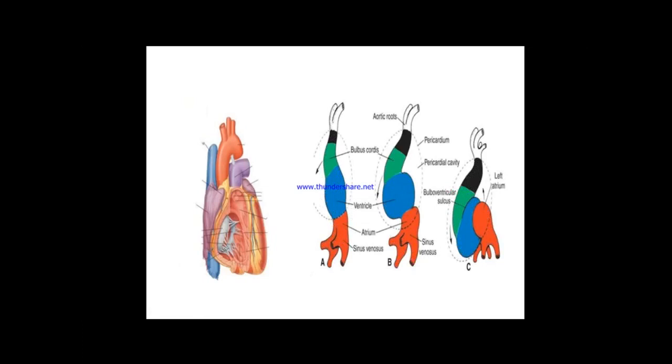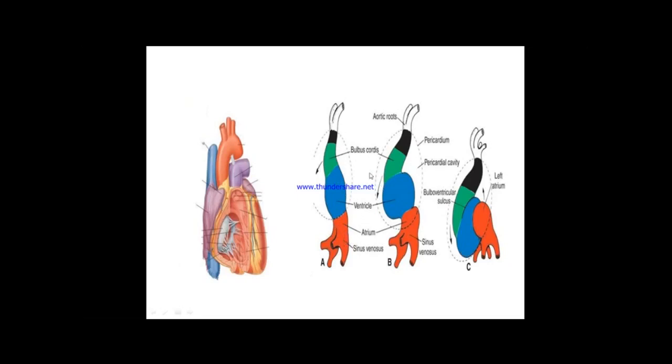So how does this heart tube loop? First, this is the initial shape of the heart tube. The uppermost part, the blackish area, is the truncus arteriosus, then we have the conus cordis, and this green area is the bulbus cordis proper. Then the blue area is the primitive ventricle, the reddish area is the primitive atrium, and below that we have the sinus venosus.